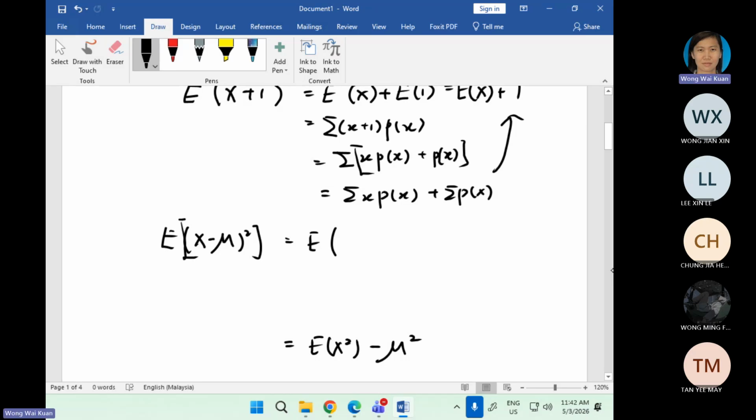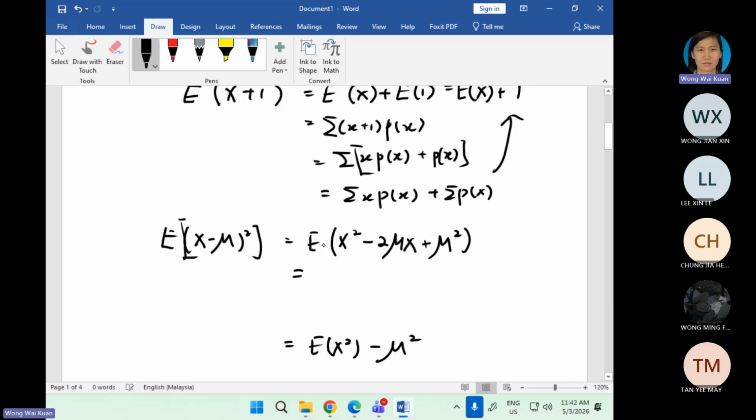Just like (a minus b) squared, what do you get? For (x minus mu) squared, you get x squared minus 2 mu x plus mu squared.